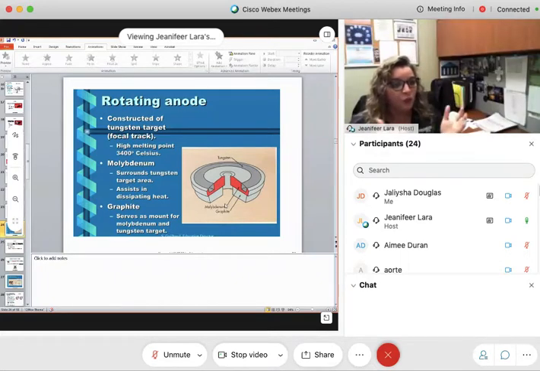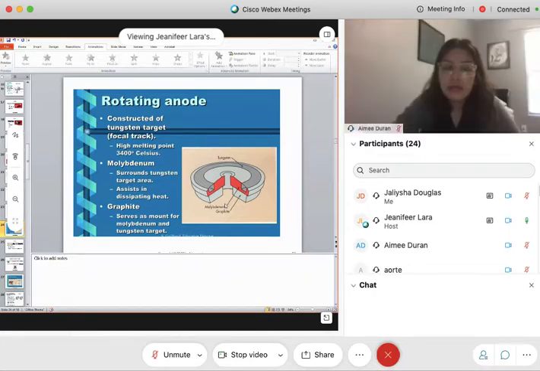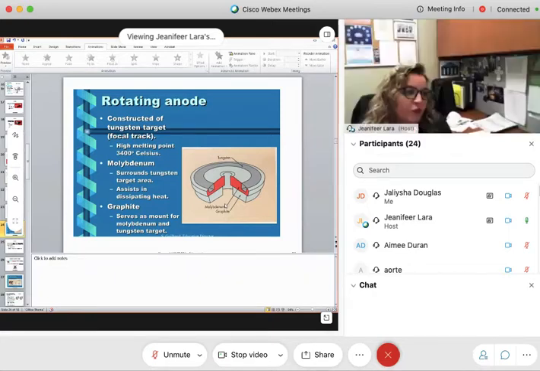What's the percentage of heat we are generating? 99%. 99% of everything that we are converting from the electrical circuit of the wall is going to be converted into heat.